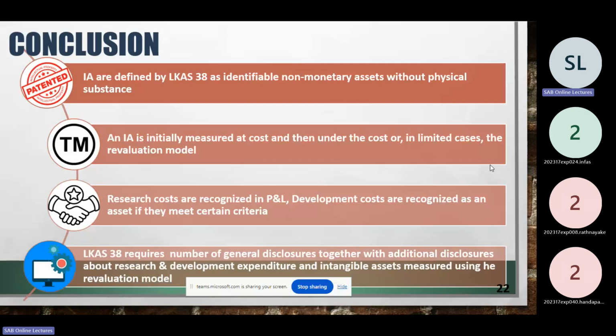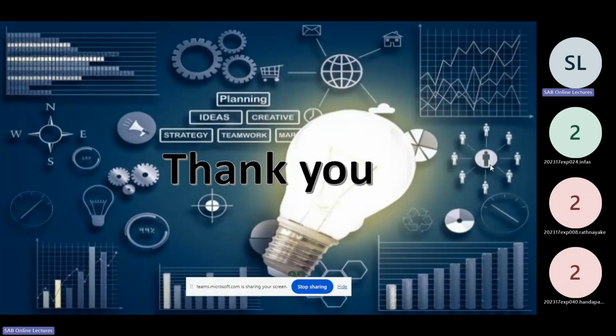Third one is that research costs are recognized in profit or loss, and development costs are recognized as an asset if they meet certain criteria. Last one is that LKAS 38 requires a number of general disclosures together with additional disclosure about research and development expenditure and intangible assets measured using the revaluation model. Our presentation is finished. Thank you.